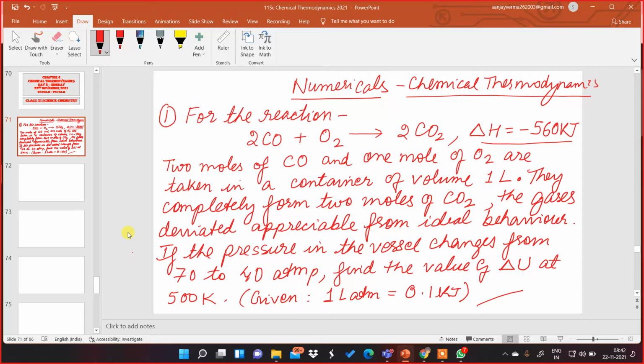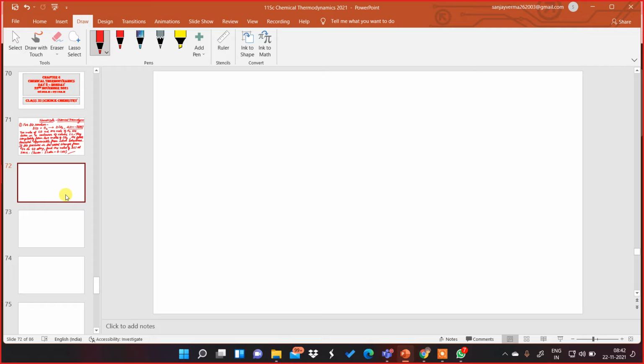So the temperature is 500 Kelvin. If you have copied the question, then we can go for the solution. So the solution for this numerical is like this.